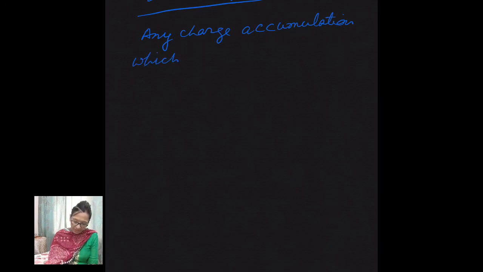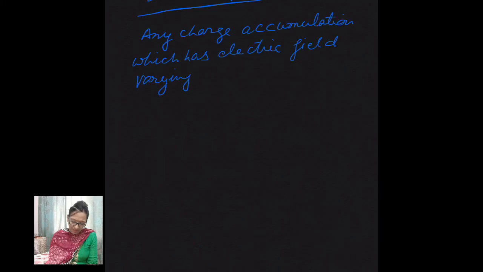Along equatorial it is K p sin theta upon R cubed, and along axial it is K 2p cos theta upon R cubed. All the common terms cancel, and this is equal to half tan theta.